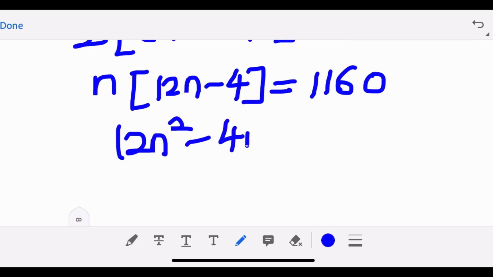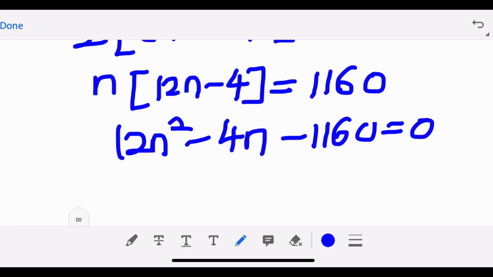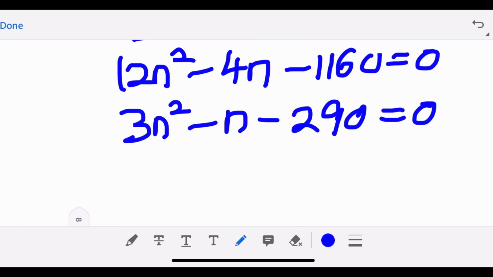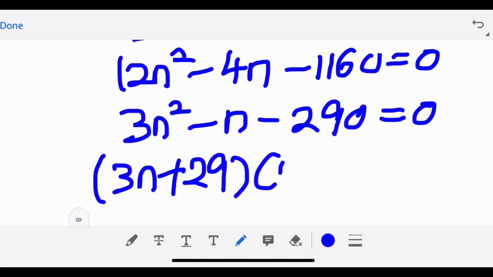Finally, you need to have general form. 12n squared minus 4n minus 1160 equal to 0. And before you press your calculator, always simplify to the simplest form. Alright, so now you divide by 4, so you have 3n squared minus n minus 290 equal to 0.